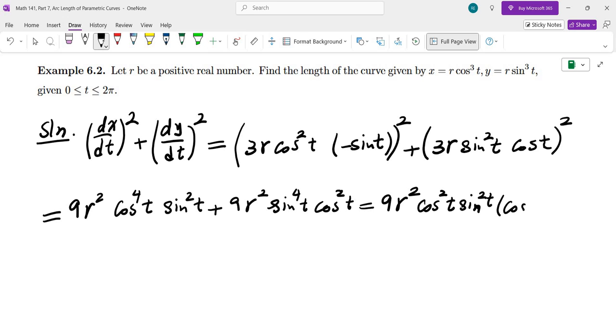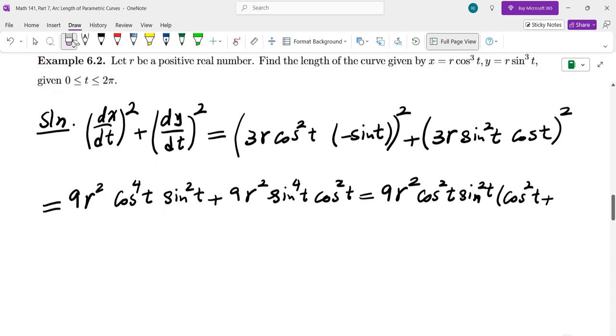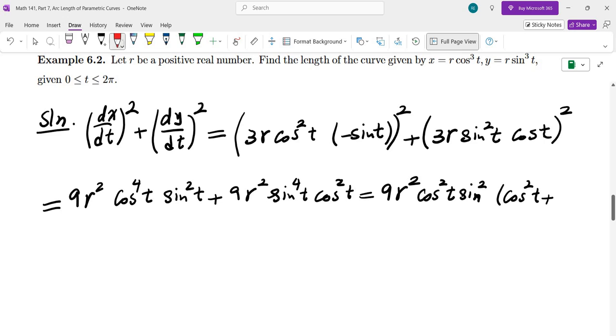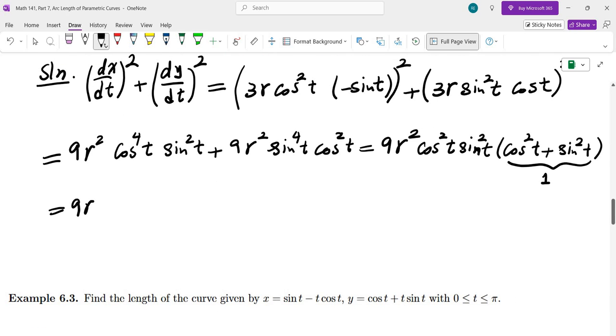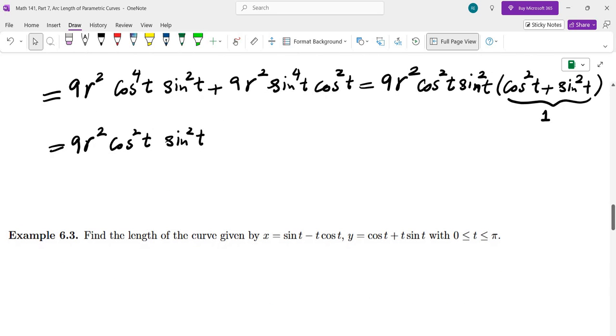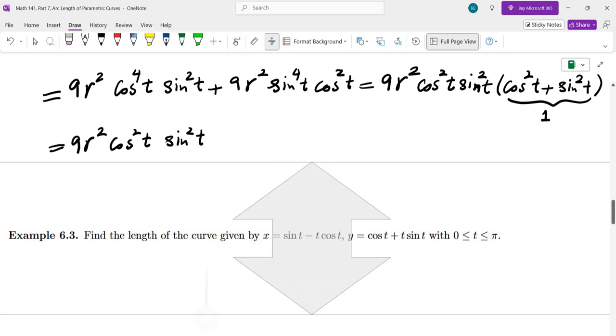From the first one, we are left with cosine squared t. From the second one, we are left with sine squared t, and that simplifies quite a bit. So this guy is 1. So that gives us 9r squared cosine squared of t sine squared of t. Finally, we have to take the square root of this and integrate.